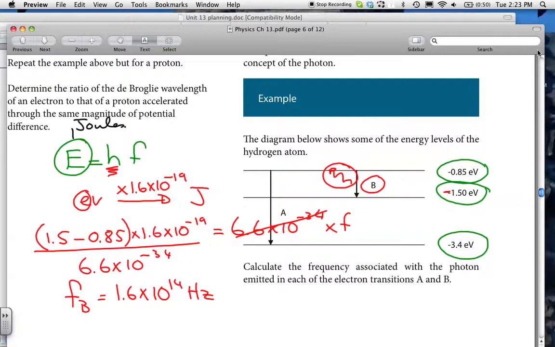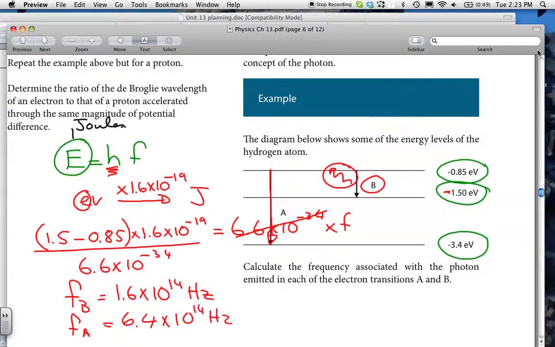I can do the same thing for A. Now A is going all the way down here. We do the same thing, but instead of the 1.5, we're going to have 3.4 minus the 0.85 to give us that difference. If you do it, you get a frequency for A of about 6.4 times 10 to the 14 hertz.